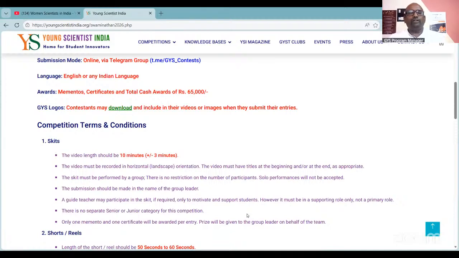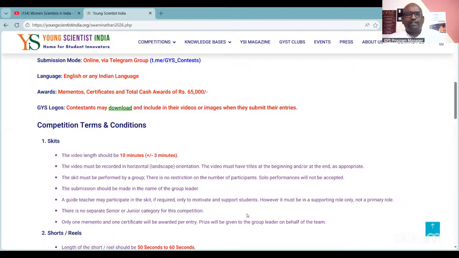And after the recording, you have to submit the video into Telegram. Already we gave the Telegram group link on the website and are providing it in WhatsApp groups also. So you can submit the video into that group.